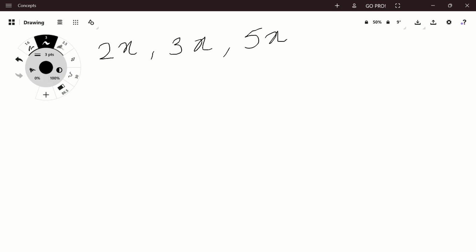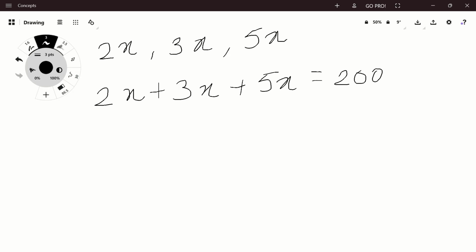The sum of the numbers is given as 2000. So 2x plus 3x plus 5x is equal to 200. Combining the terms and solving the equation, we get 10x is equal to 200, which gives x as 20.